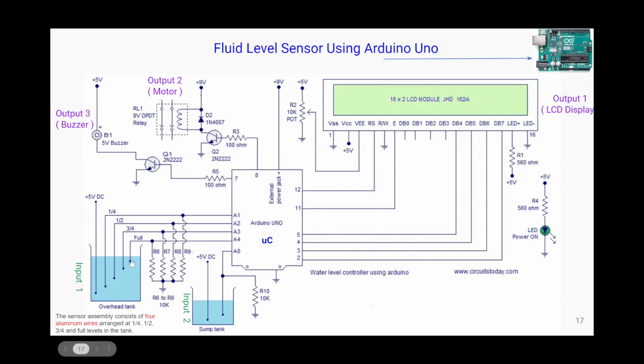So for example, if there is some digital data coming from the A4 line to the program, it means the tank is full. If there is no digital data or the least digital number, it means it's less than full, less than 3/4, less than half, or less than 1/4, and it's time to turn on the motor.